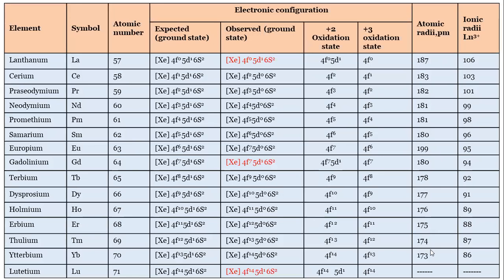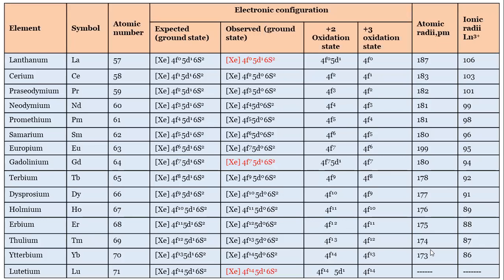The shielding effect is very poor because the electron enters the 4f orbital in lanthanides, and in actinides, the electron enters the 5f orbital. Like lanthanide contraction, actinides also show a similar property. It is called actinide contraction.